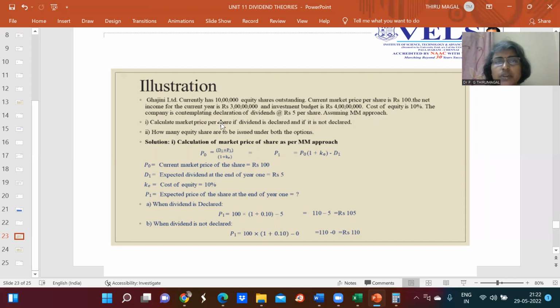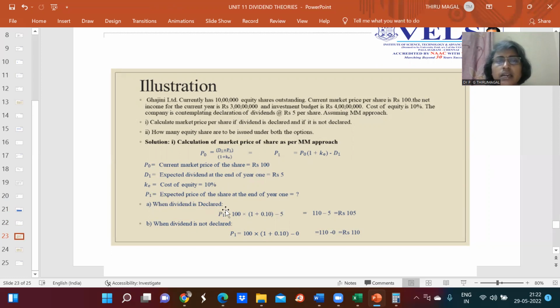Now, as in the previous problem, we need to calculate the market price of the share if dividend is declared and if it is not declared, and how many equity shares have to be issued under both options. This is the formula which I have told you: P1 equals P0 (1 plus KE) minus D1. Current market price is 100, dividend per share is 5, cost of equity is 10%, that is 0.10. P1 is the price of the share at the end of year 1.